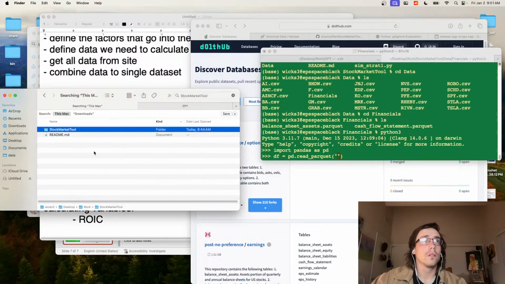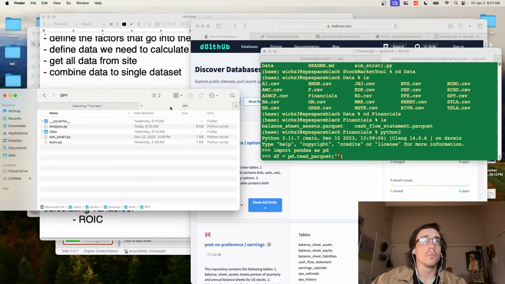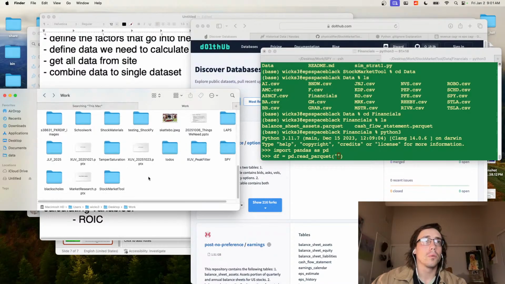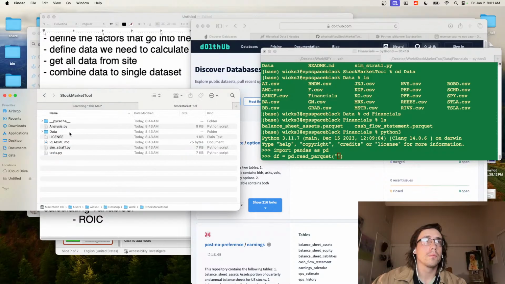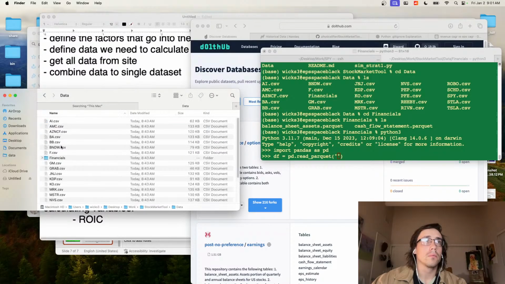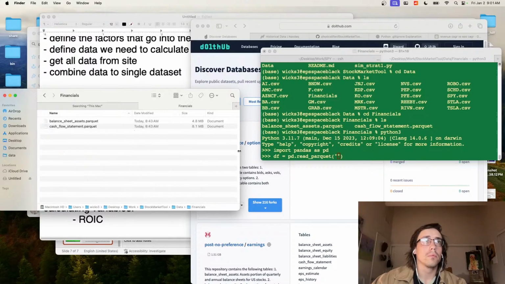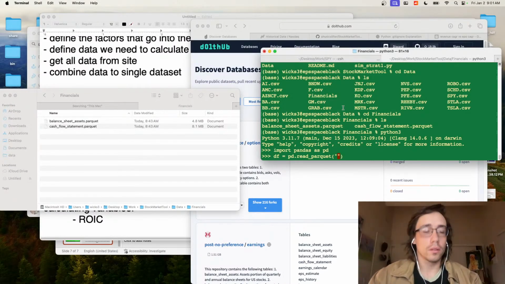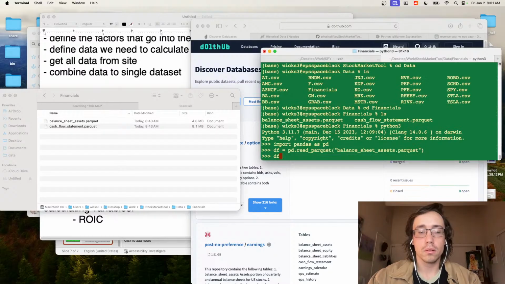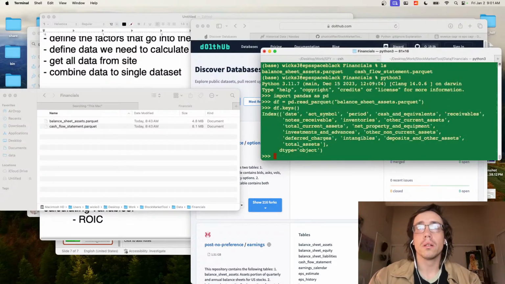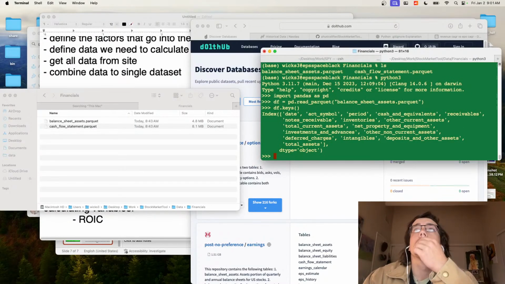Okay, let's read this file. All right, balance sheet assets dot parquet. Date, symbol, period, cash and equivalents, receivables.